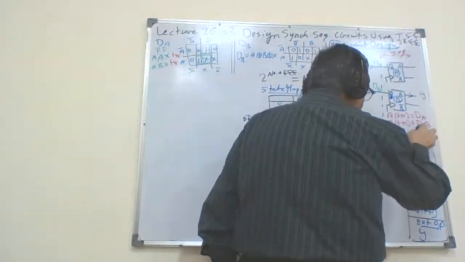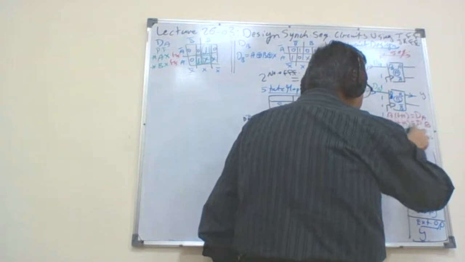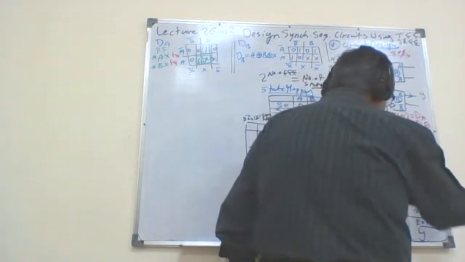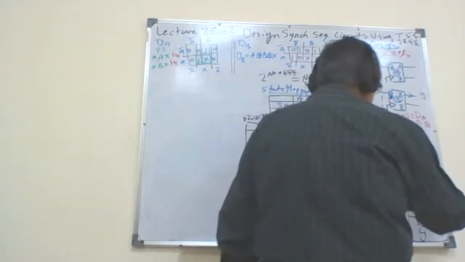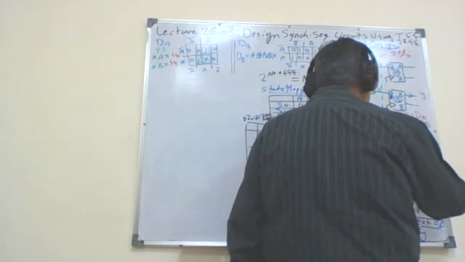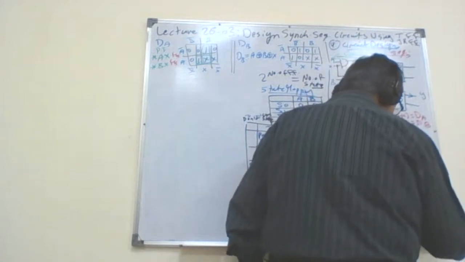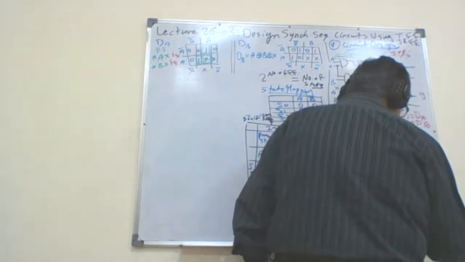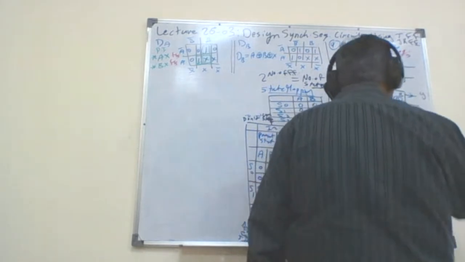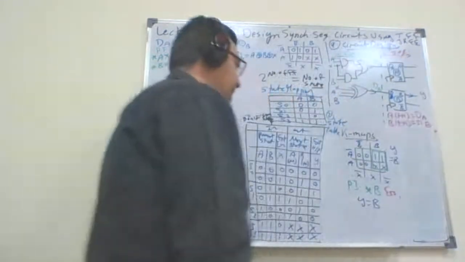I have the same number of external inputs, the same number of external outputs, the same number of states. So I have the same number of state inputs and state outputs. So nothing here is changing. I will keep this as it is.